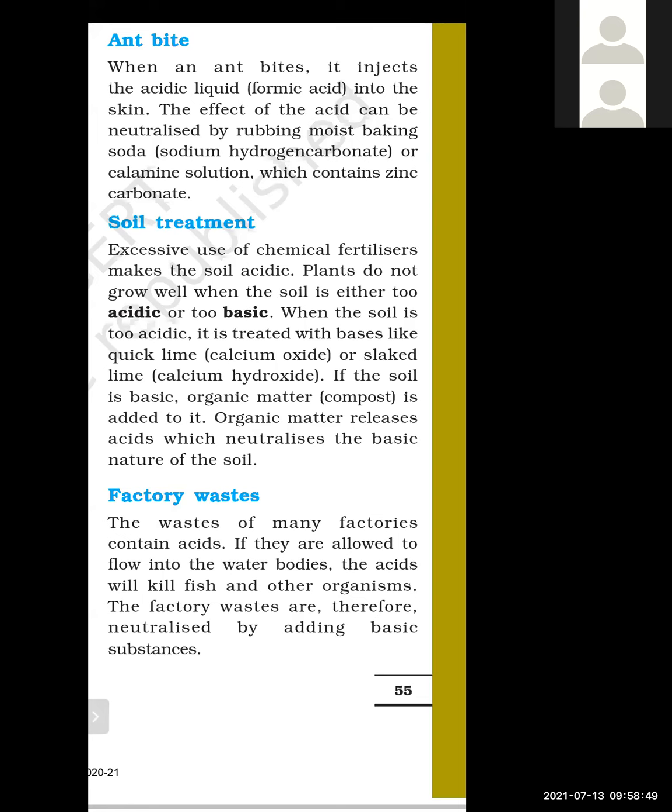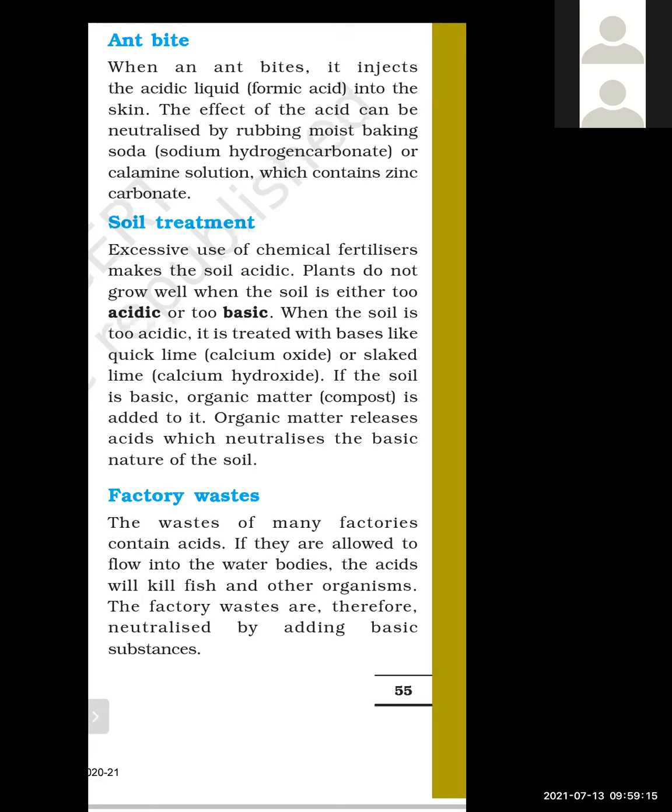Also, it is a waste, so it will create some harmful effect, but less harmful effect will be there as compared to the untreated waste. If we directly put that waste into the water bodies or into the soil, it will produce more harmful effect. But if we treat that waste by adding some basic substance or acidic substance, that waste will produce less harmful effect.